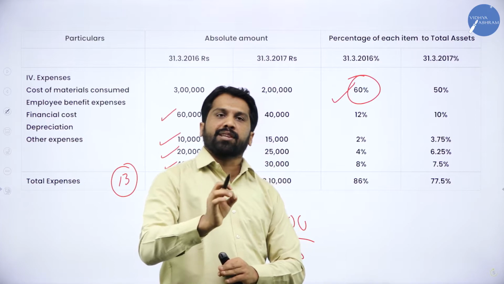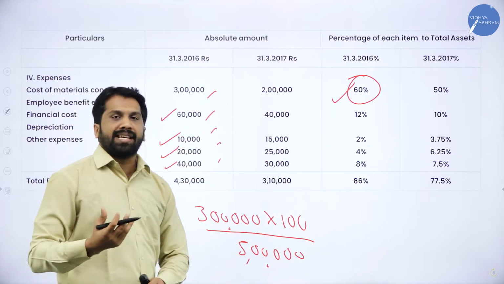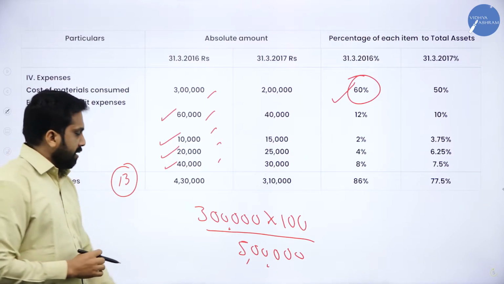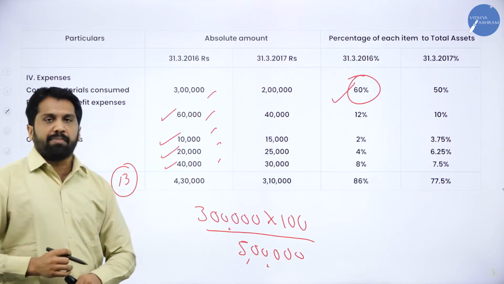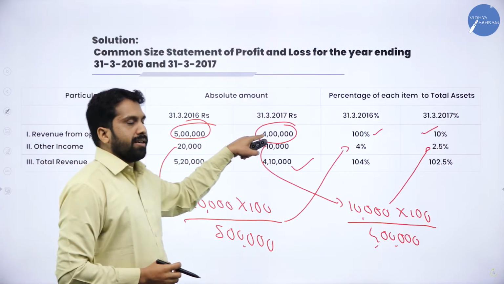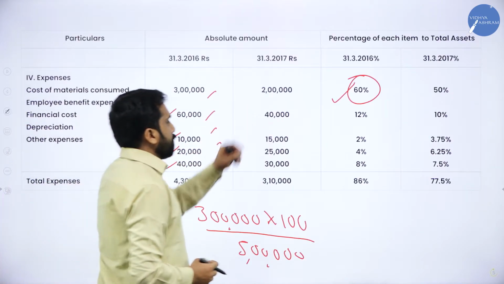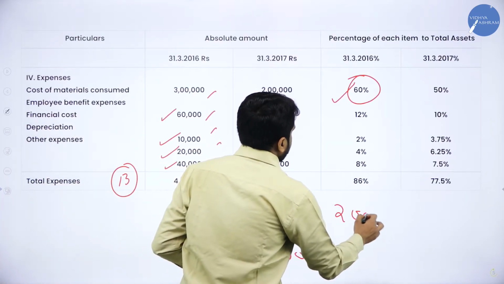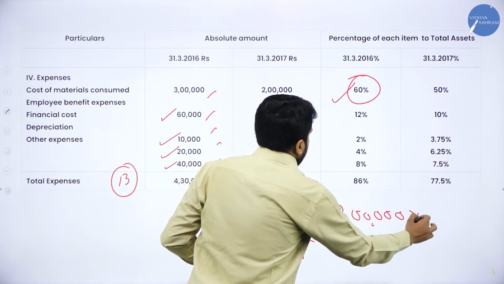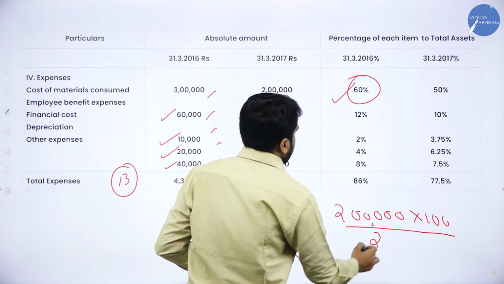This is for 2016. Now 2017 also has the same calculation, but which denominator or base should you consider? Yes, you should consider 4 lakh. So same calculation, for example 2 lakh multiplied with 100 divided by what is your base?